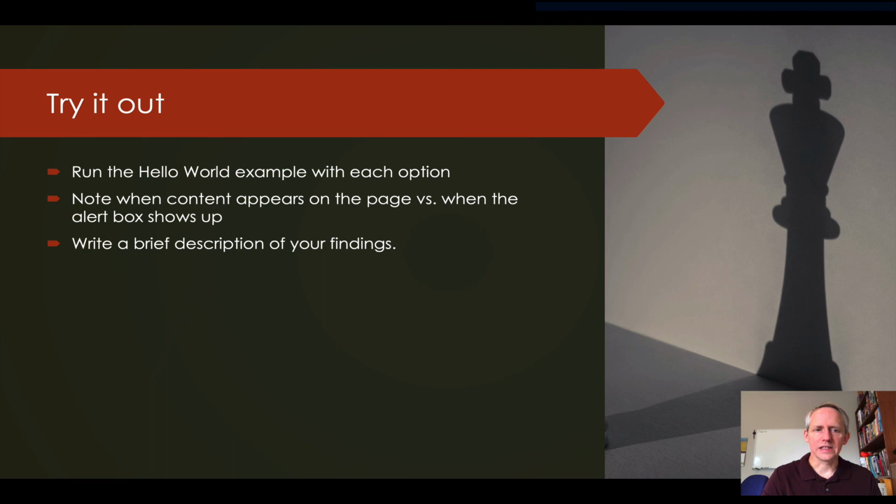Just add the word async into the tag for that first script and run it, and then run it with the defer instead. And I'll very quickly show you what that looks like, since I haven't included a slide that does that. And then I want you to note when content appears on the page versus when the alert box shows up, and then write a brief description of your findings.